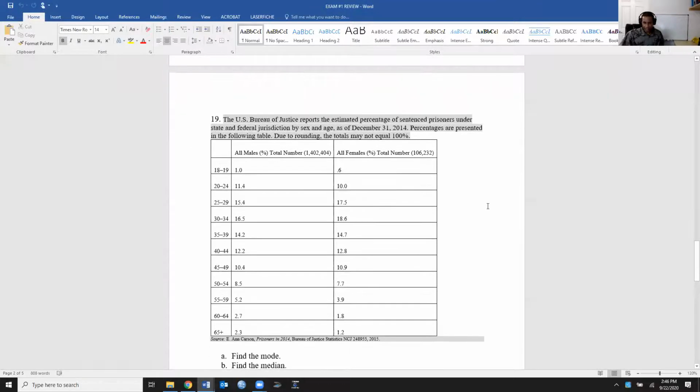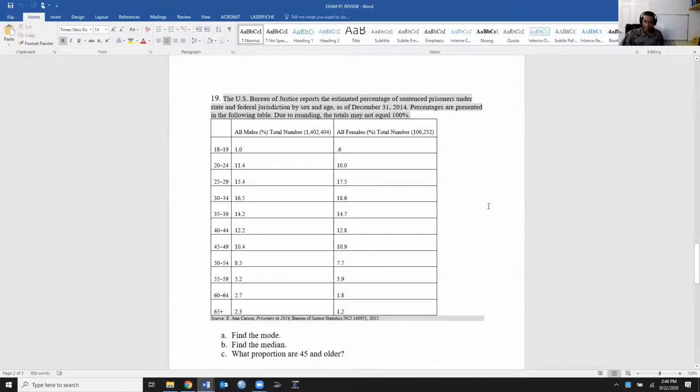Okay, so let's take a look at 19. This is probably some of the more complex stuff. Let's go ahead and find the mode for both males and females. Hopefully everybody understands what we're looking at here. This is the US Bureau of Justice reporting the estimated percentage of sentenced prisoners under state and federal jurisdiction by sex and age as of December 31st, 2014.